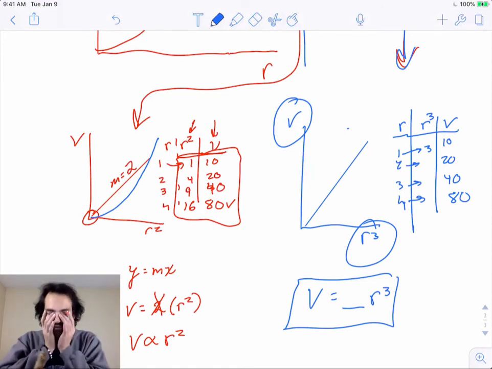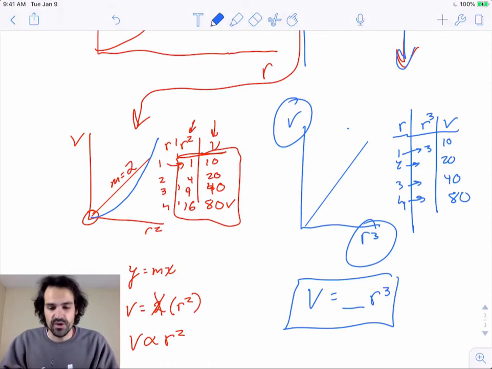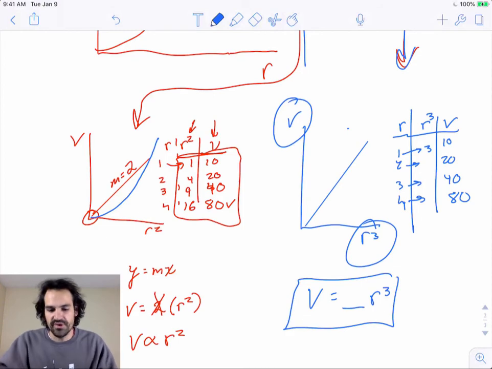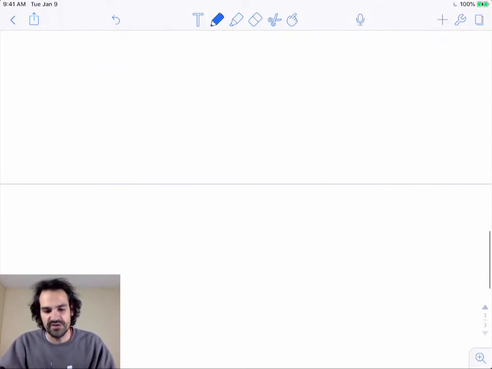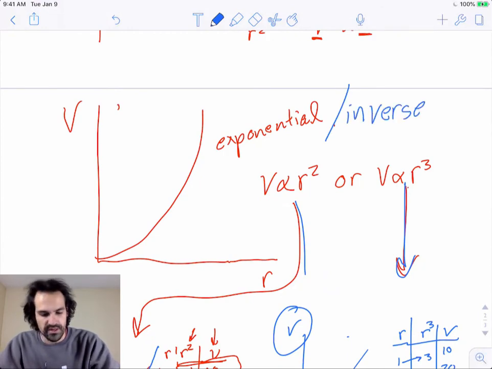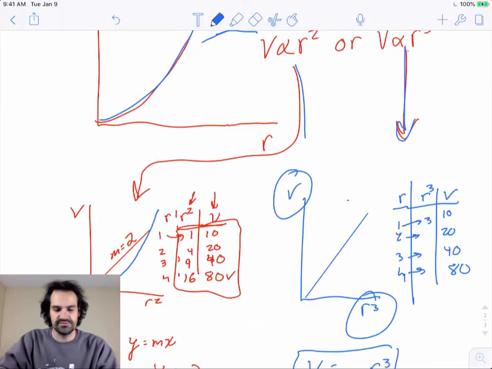So it's kind of a drag to have to plug in all of these values into a calculator, especially when you're working with square roots. So I'm going to show you a couple of tricks in Excel in a second, but I do want to show you inverse proportionalities because exponential and inverses both suffer from the same issue where a curve could represent two different relationships.